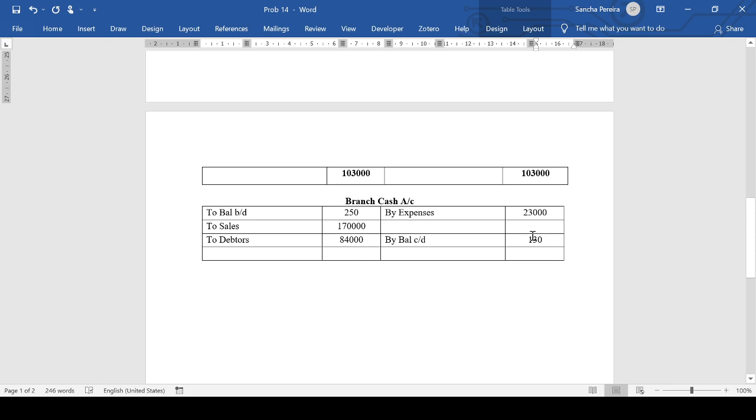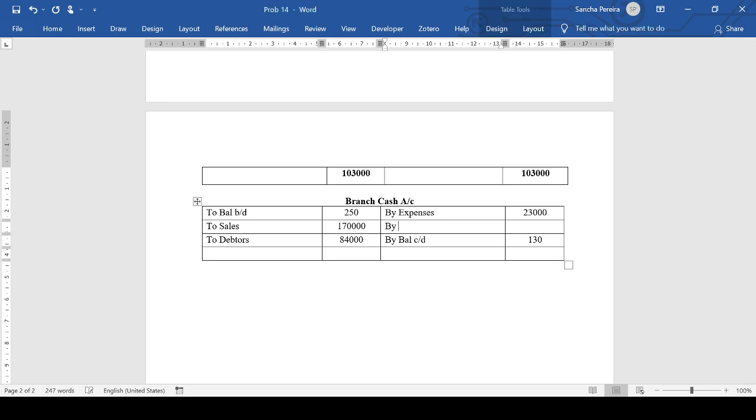If you get 2,54,000, this will be much heavier than this. So what has happened in this problem is the entire amount on account of cash sales and debtors has not been sent to the head office. Part of it has been used for expenses, because they had a balance of only 250, and the expenses have come to 23,000. So only the balance has been sent to the head office.